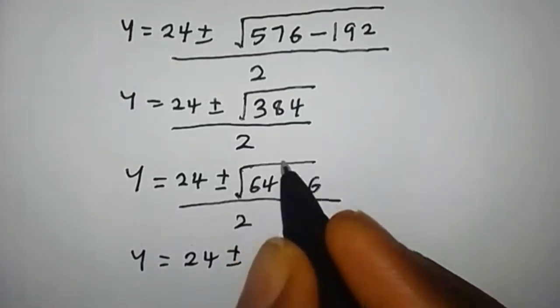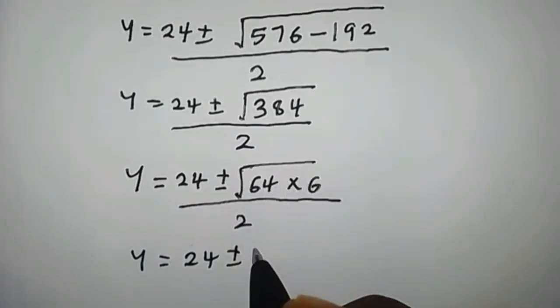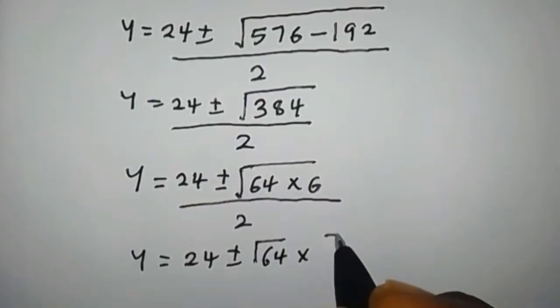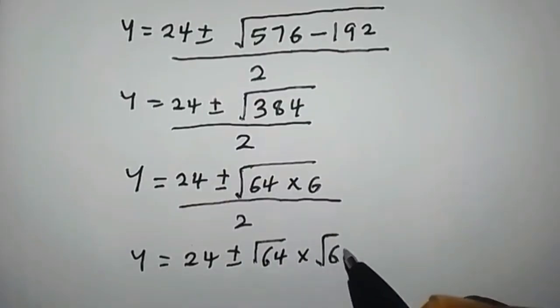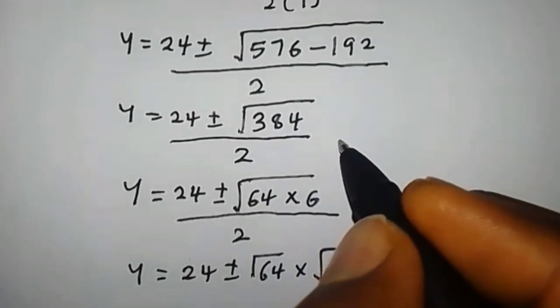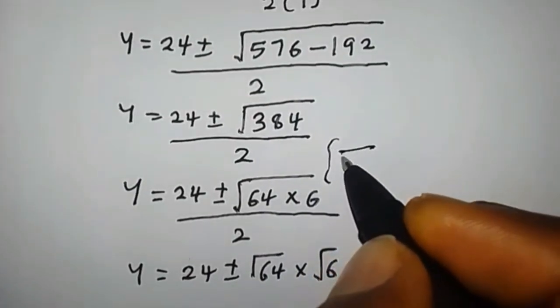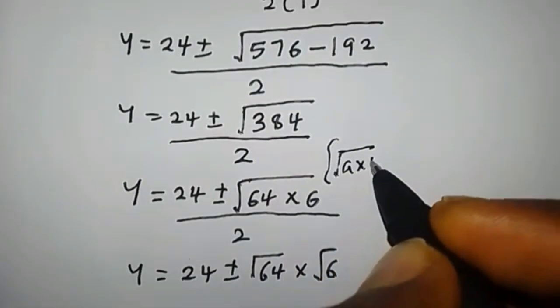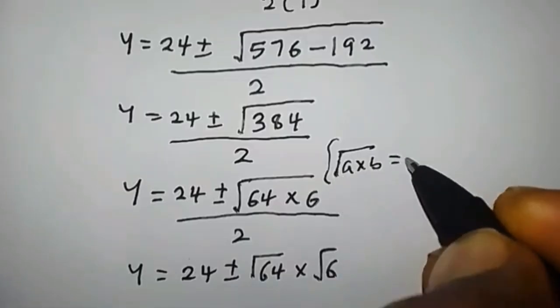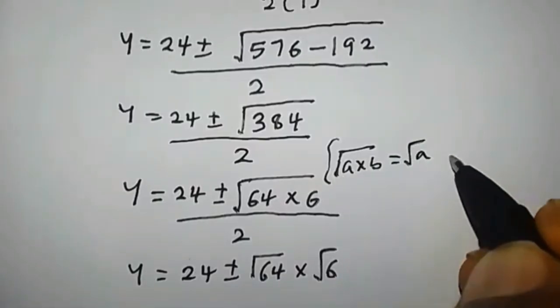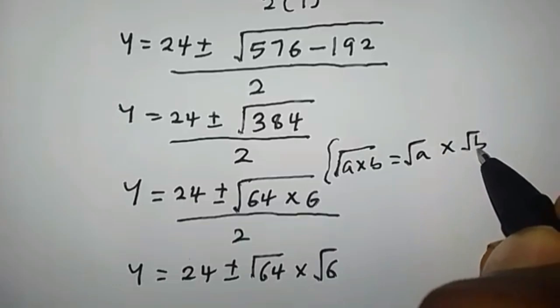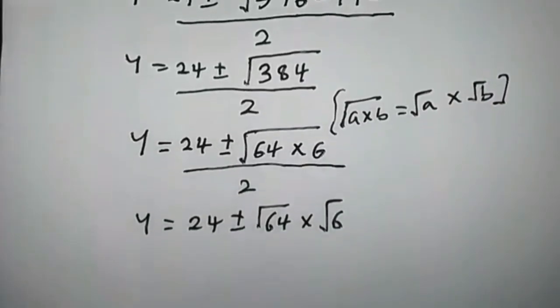We can rewrite this as square root of 64 times square root of 6. That is, using this identity, let's say we have square root of a times b, this equal to square root of a times square root of b. Let's continue.